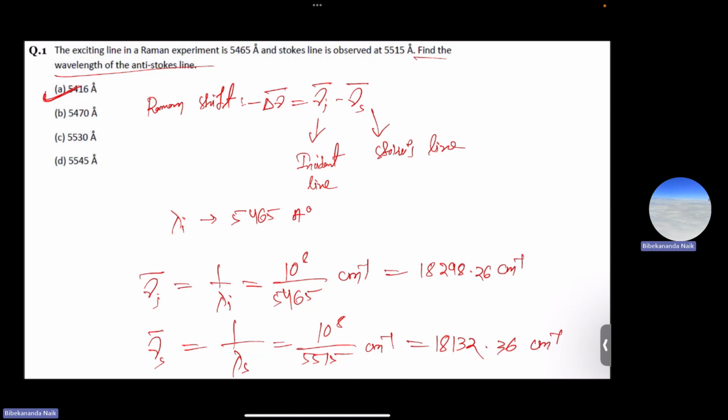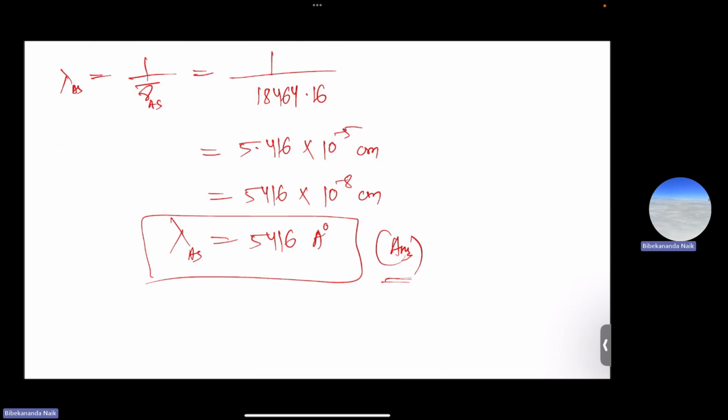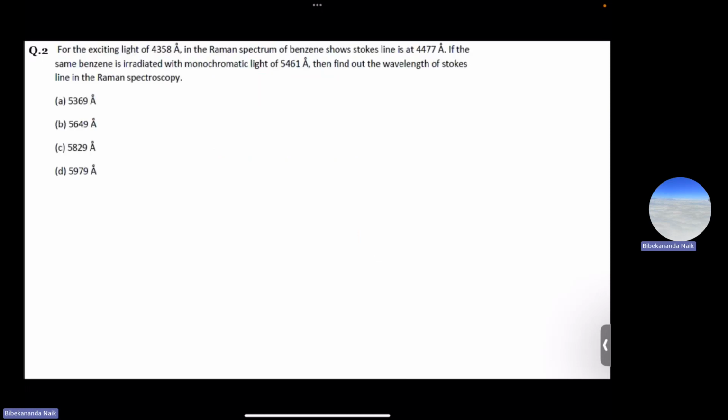Then we will get the value of the anti-Stokes line. Since all these are calculated in wave number unit, first we calculated the wave number corresponding to the anti-Stokes line, and then 1 by wave number will be the wavelength of anti-Stokes line, and that we found out to be 5416 angstrom. I hope this is clear to all of you.